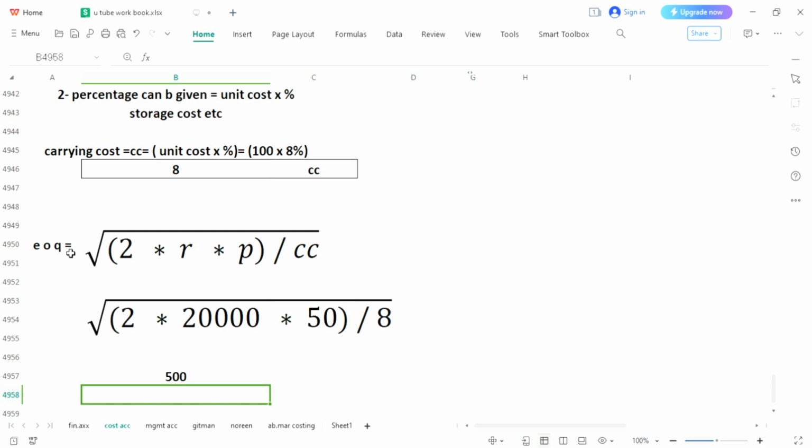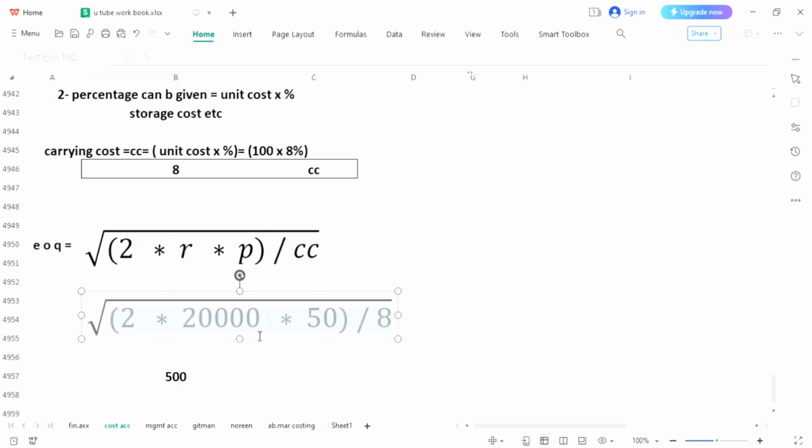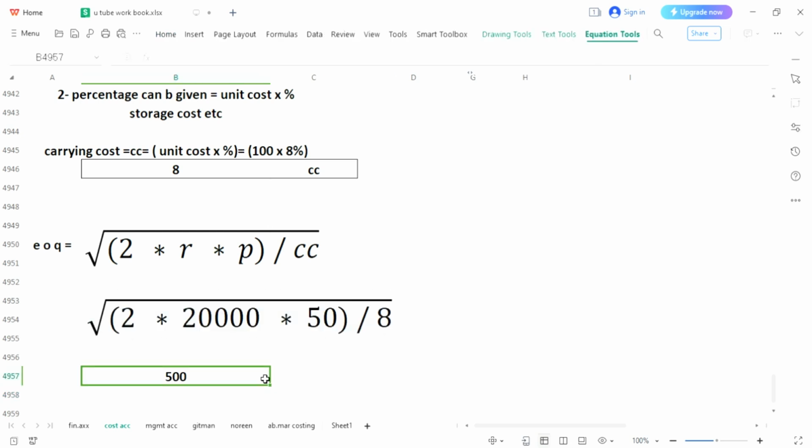But in this formula, economic order quantity, perhaps for the first time in management accounting, we are using this under root. So let's not be reluctant, be a good learner and calculate the statement with the help of your calculator.